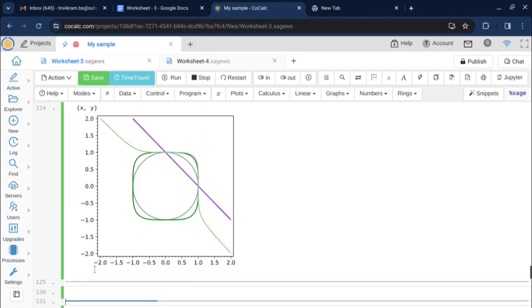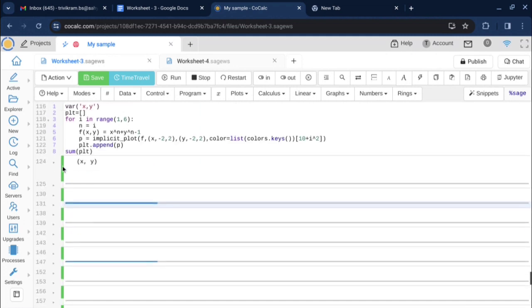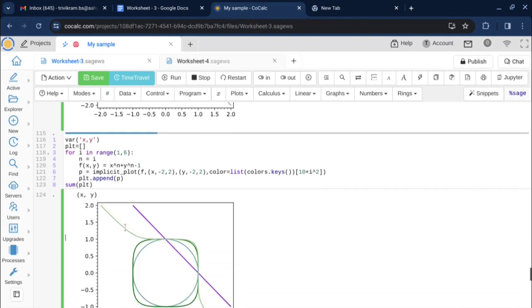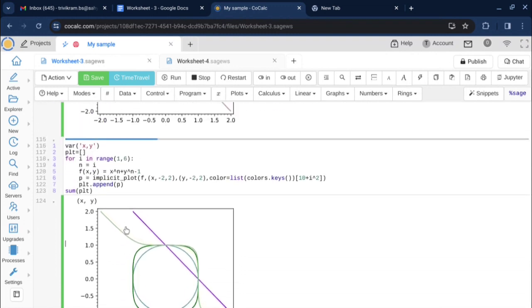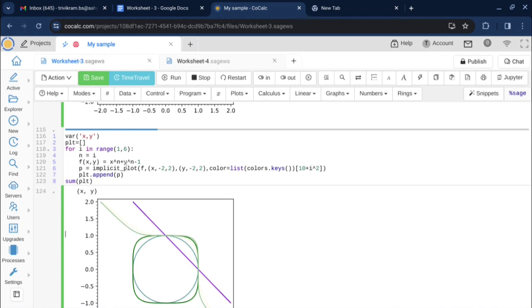So if you observe this, at different stages of n, you'll get different curves. When n is equal to 1, x plus y minus 1, it's a straight line.